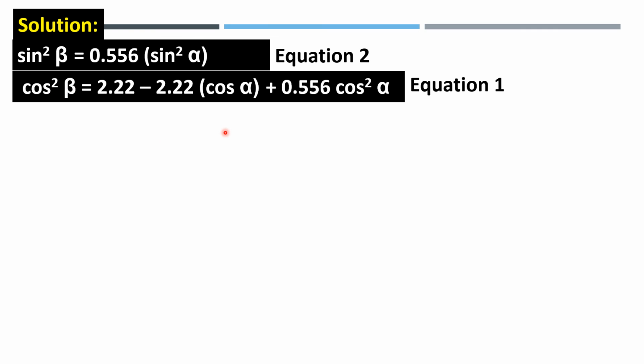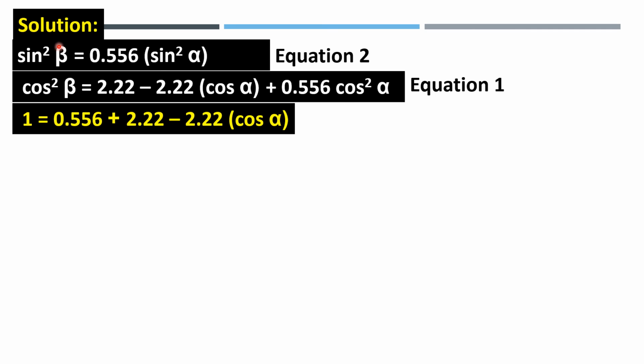As I was explaining earlier, a trigonometric identity tells us that their sum must be equal to 1. So combining the two will result in a more simplified equation, which allows us also to eliminate the variable beta. Sine squared beta plus cosine squared beta is equal to 1.